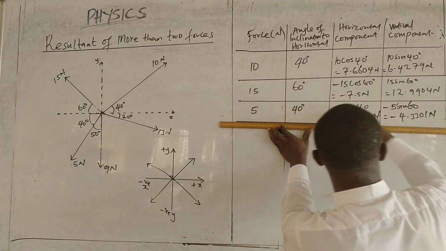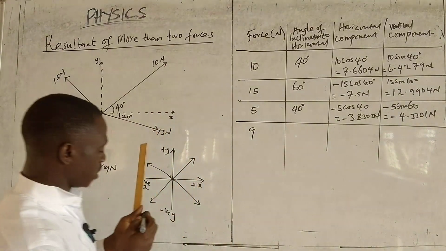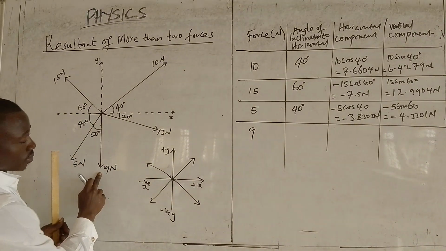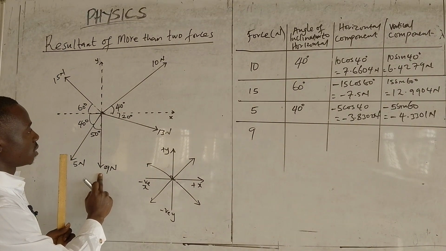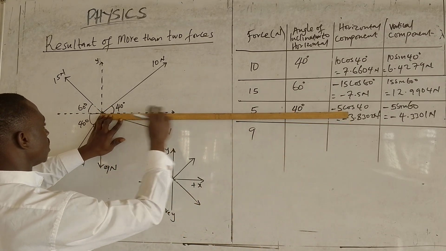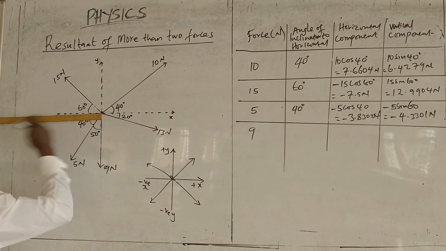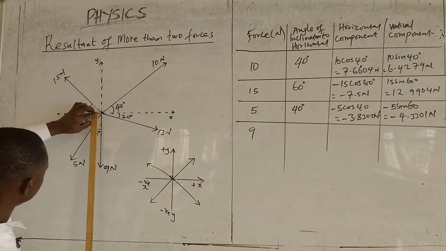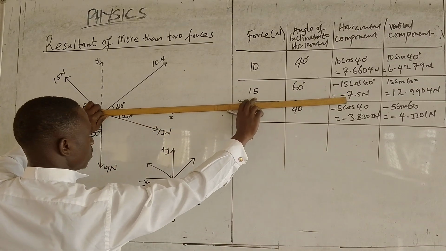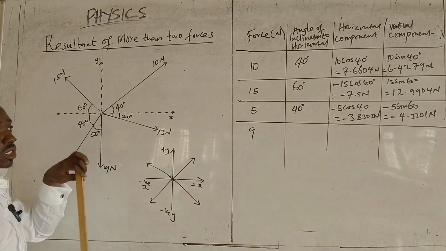We are done with 5. 9 Newton. Now, class, what's the angle of inclination of this 9 Newton to the horizontal? Where's the horizontal? So you can either pick here or here. So what's the angle between this 9 Newton and here? This horizontal, this vertical. That angle is 90 degree.